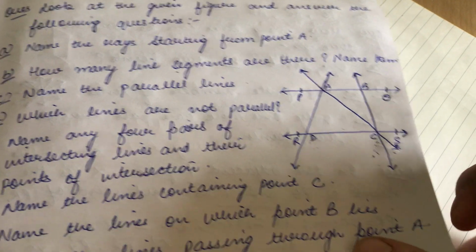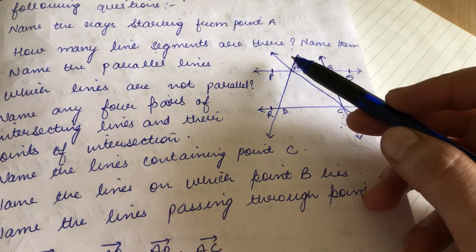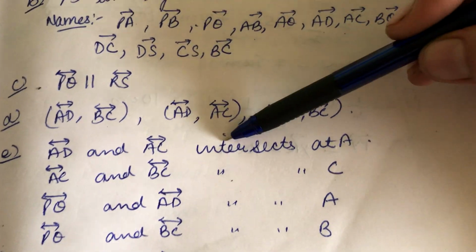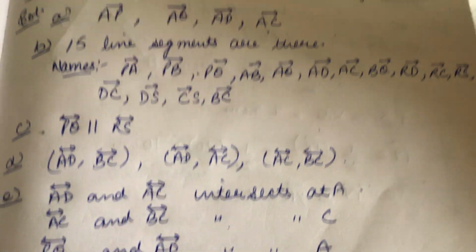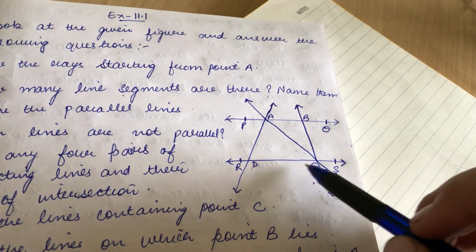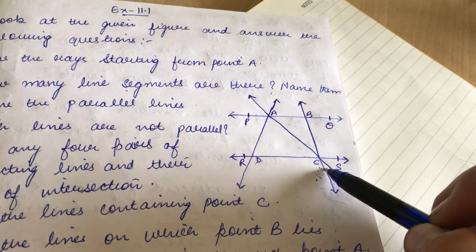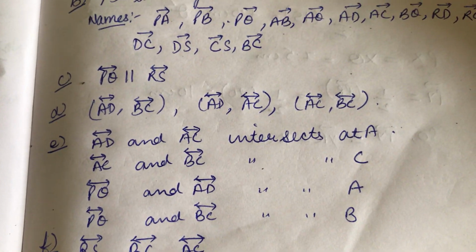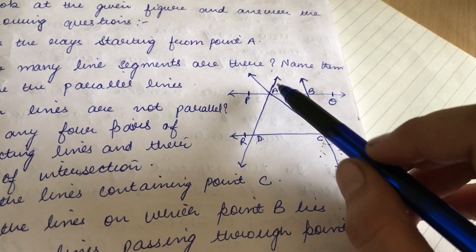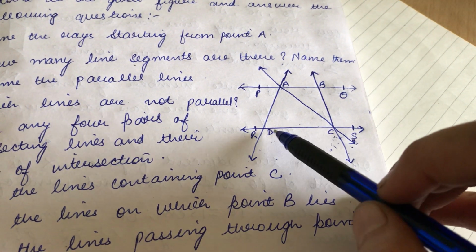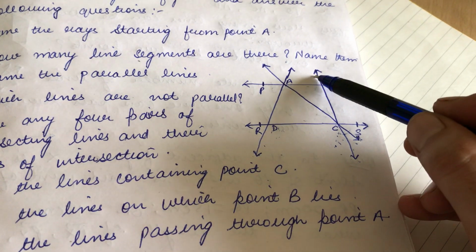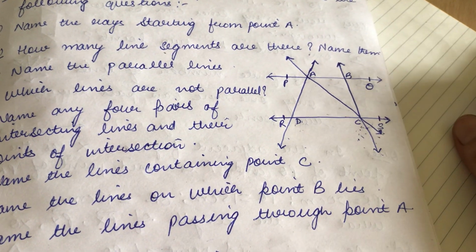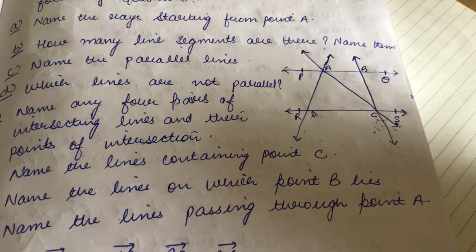Now here the intersecting lines are AD and AC, and the point of intersection is A. AD and AC intersect at the point A. Next is DC and BC, they intersect at the point C. Next, AD and BC, they intersect at the point D. BC and AQ intersect at the point B. So these are the four. Others, if you can see, you can write that also.